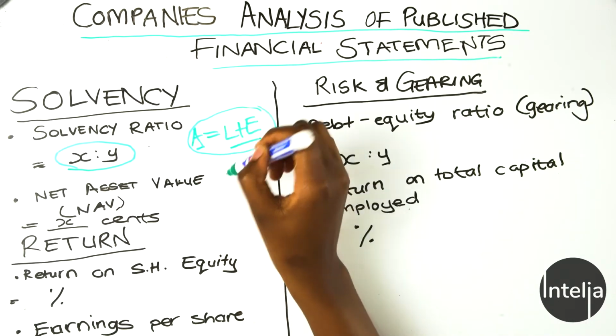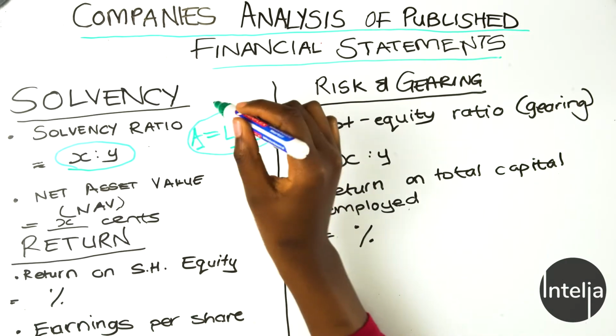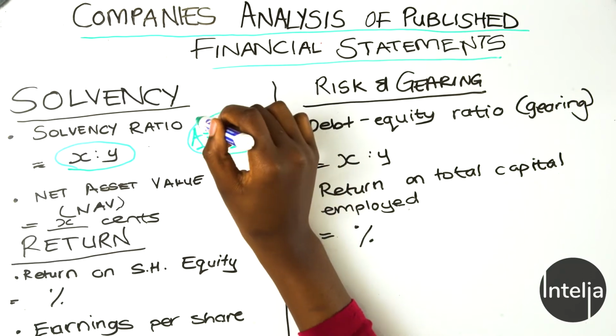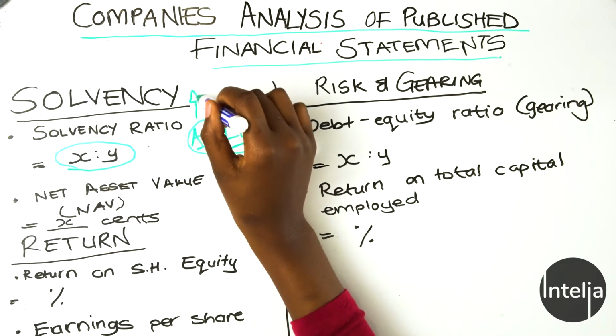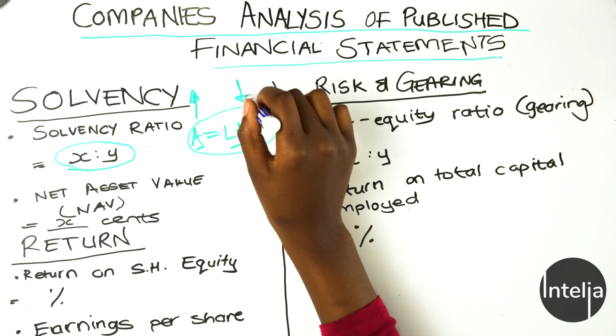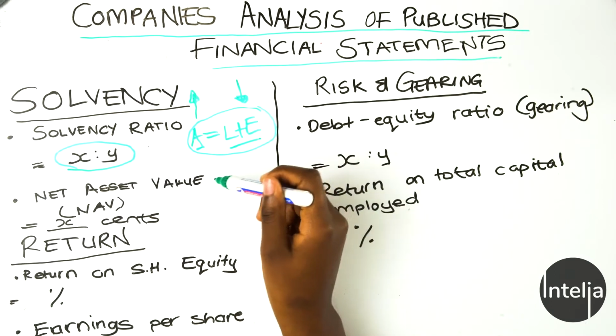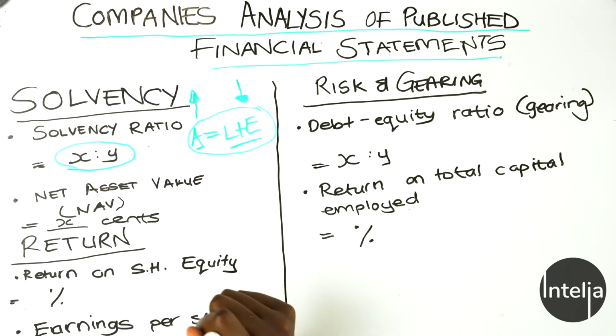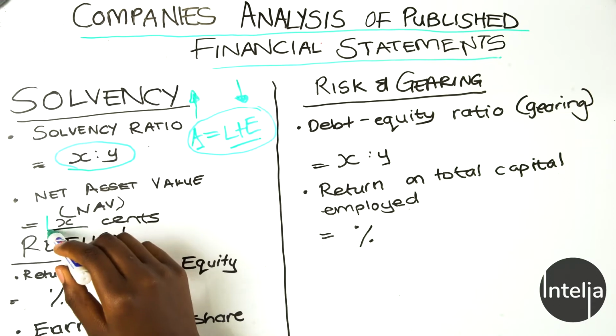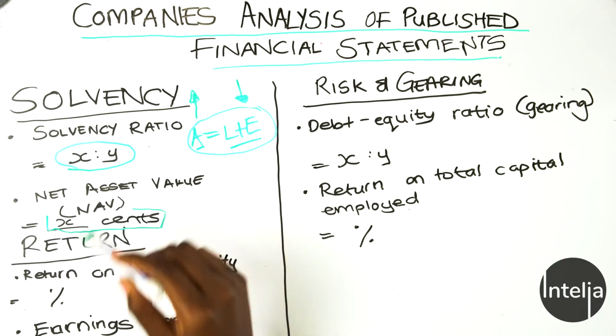So if a business is considered solvent, the assets are higher than the liabilities. Cool. And then in solvency, the other ratio that is used is net asset value, but we're going to discuss it more in returns, right? This asset value is valued in cents, and it's also called NAV from time to time.